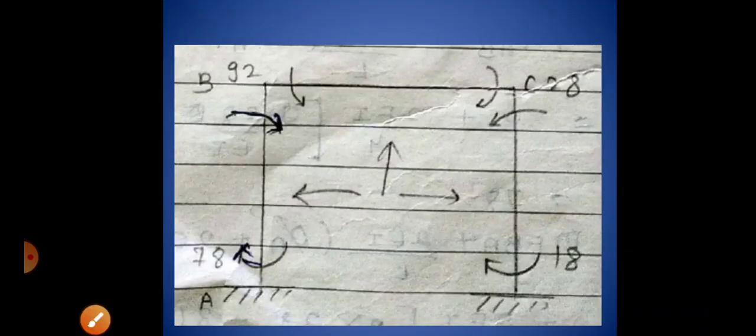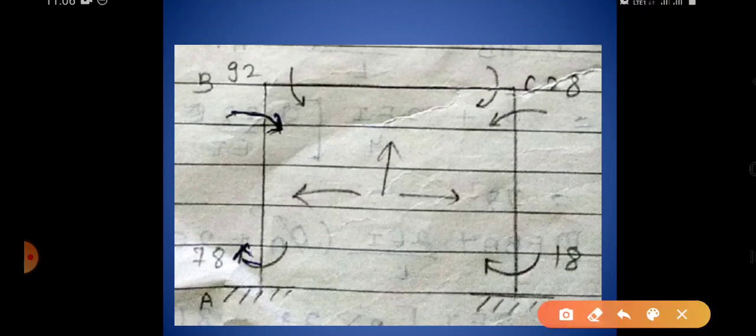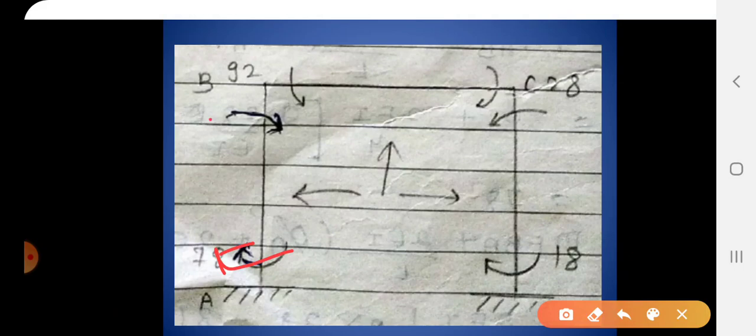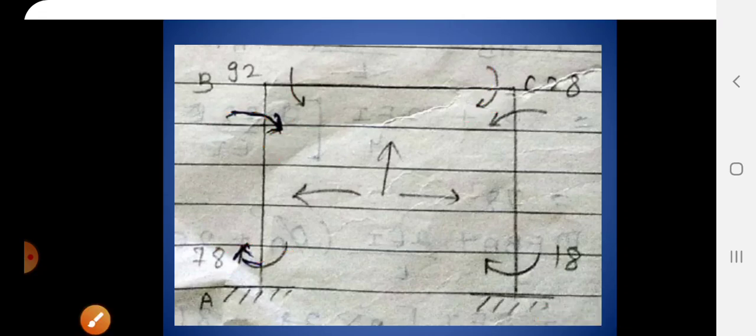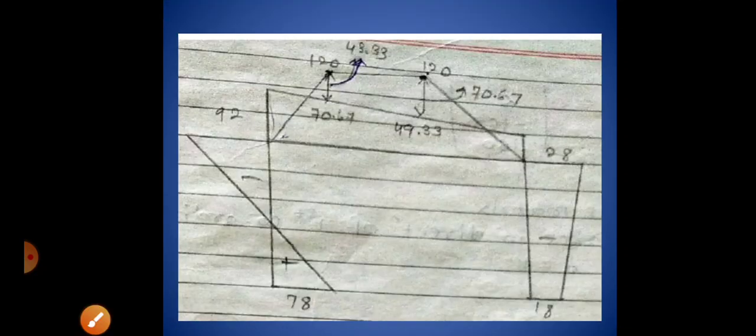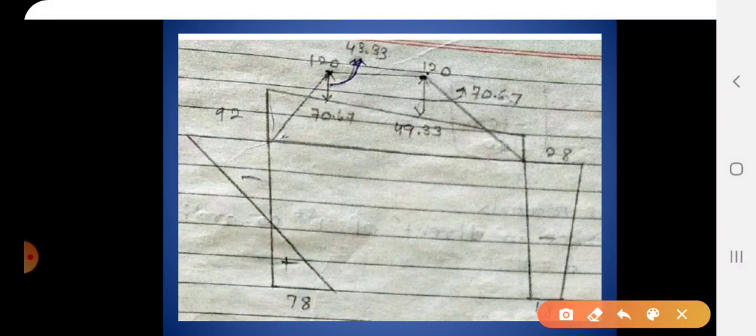Okay, so now as we have explained earlier, prepare the free body diagram by considering plus as clockwise and minus as anti-clockwise, and plot the bending moment diagram accordingly. Okay, so I will explain this diagram. Yes, first, this is the reference line of the frame.